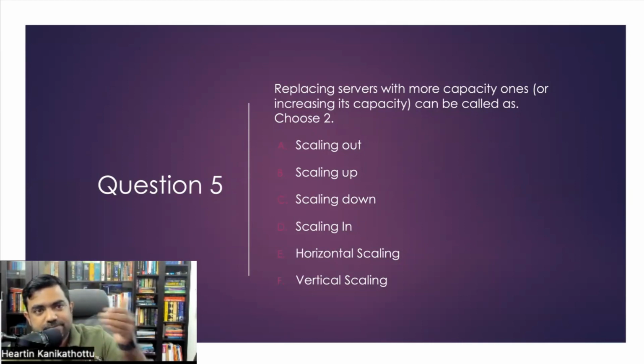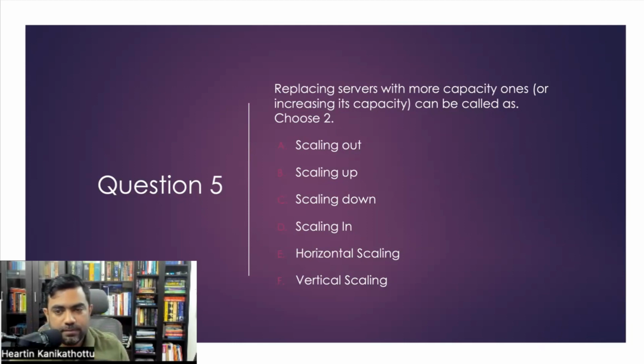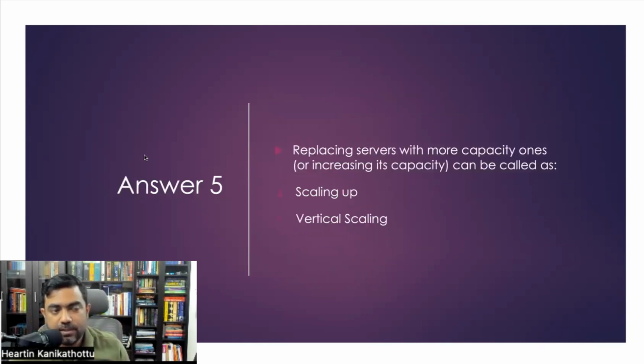Replacing with more capacity ones is vertical scaling. Vertical scaling means what? Going up or down, right? So one option is definitely F. What is the other option? Going up means scaling up. So what is the answer? It is BF. Okay, clear?